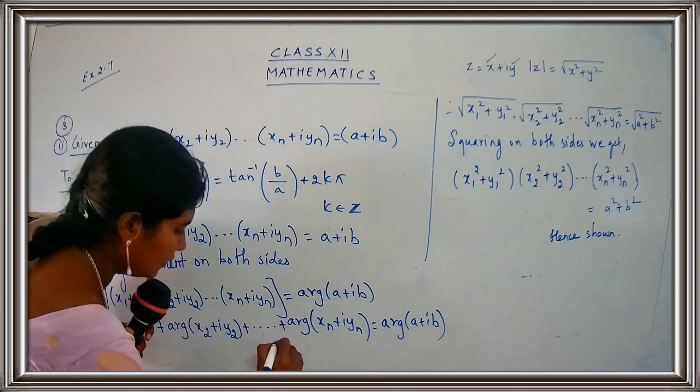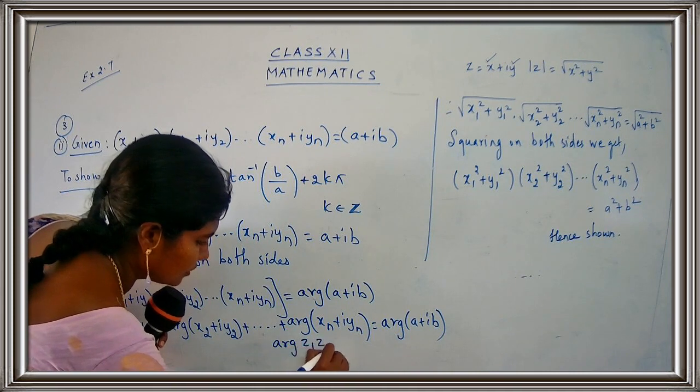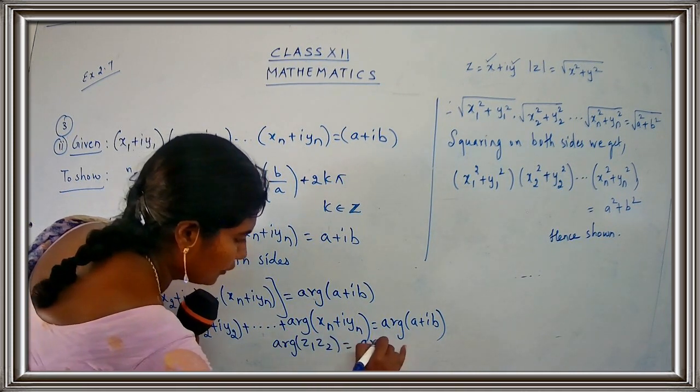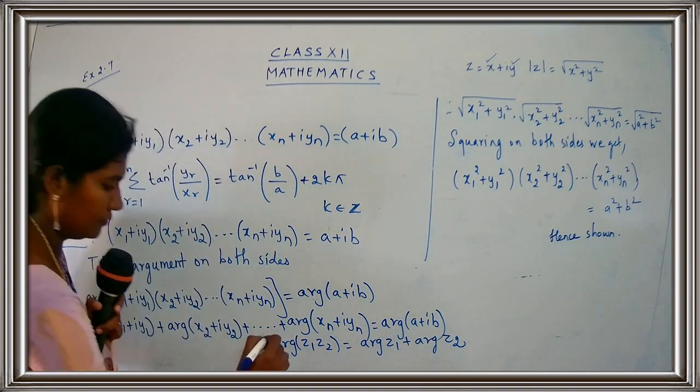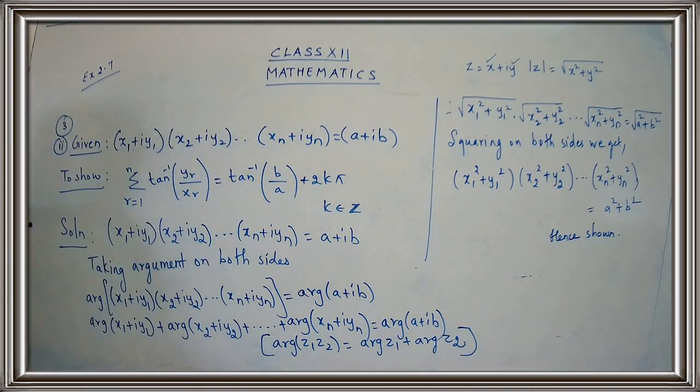What is the property used here? Argument of z1 z2 is equal to argument of z1 plus argument of z2. I hope you are clear. I have just given the argument on both sides, then used the property, that's all, and I have mentioned the property over there.